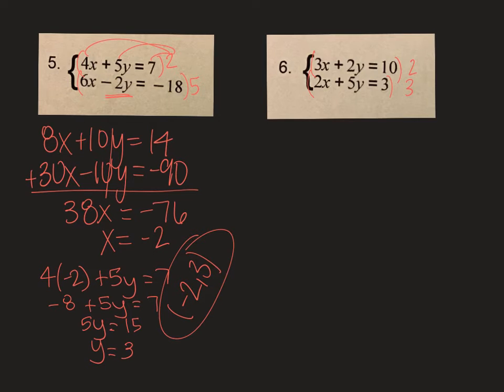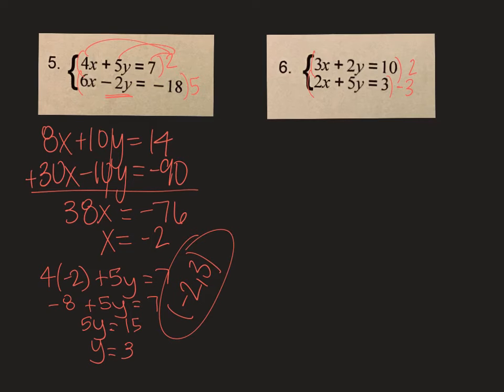But one of those has to be a negative, because if it's not, they're not going to cancel out. Because remember, they have to be opposite signs. So if they're both the same sign, one of these numbers that we're multiplying by has to be a negative. Again, it doesn't matter which one you choose to make negative. I'll just say we'll multiply by a negative 3.